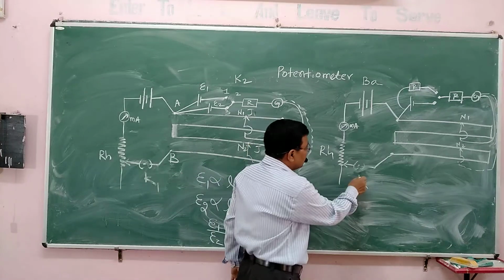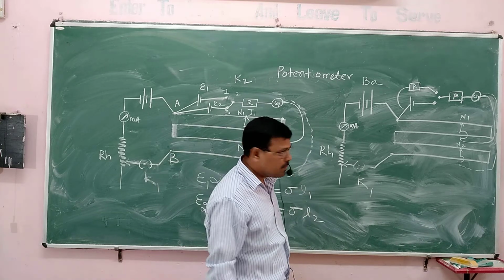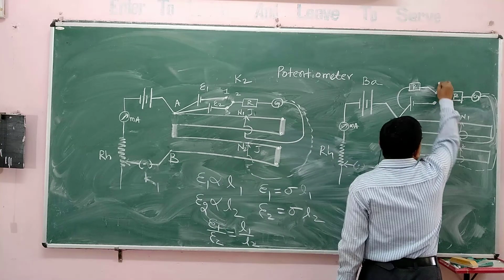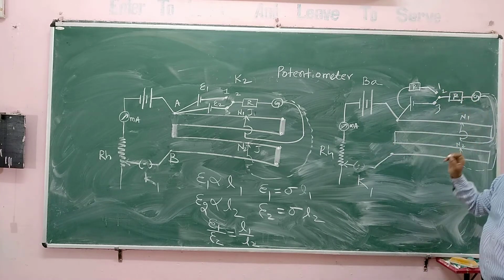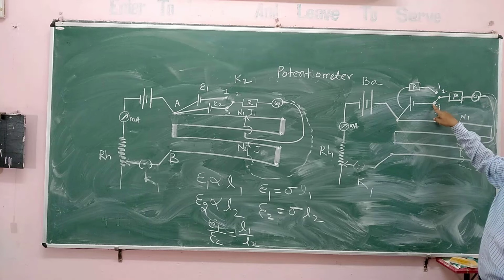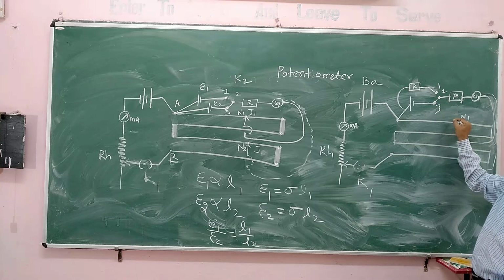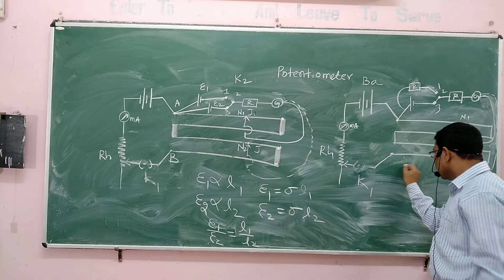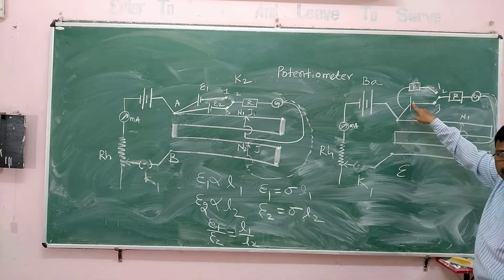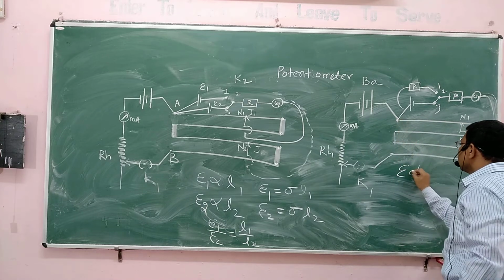First, close key K1 and close key K2 between the terminals 3 and 2. Then move the jockey over the wire till the galvanometer gives zero deflection. At that time the EMF of the cell is directly proportional to the balancing length.